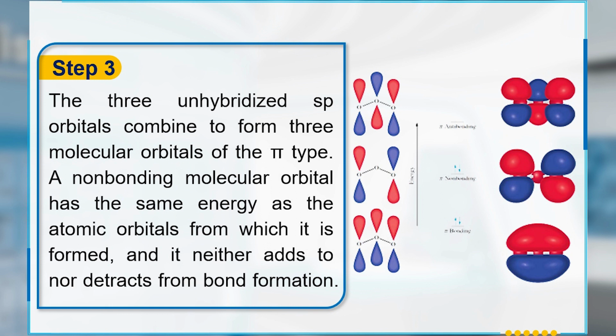One of these orbitals is a bonding molecular orbital, and the second is antibonding. The third is a nonbonding molecular orbital. A nonbonding molecular orbital has the same energy as the atomic orbital from which it is formed, and it neither adds nor detracts from the bond formation.